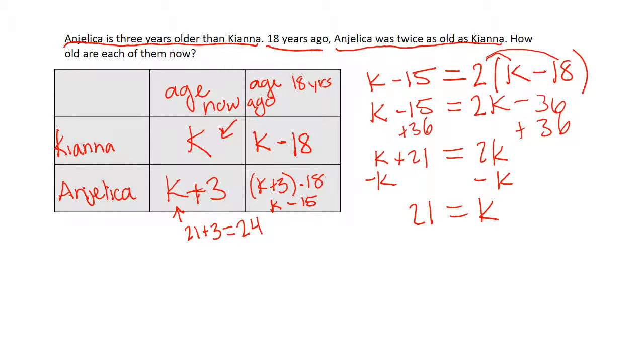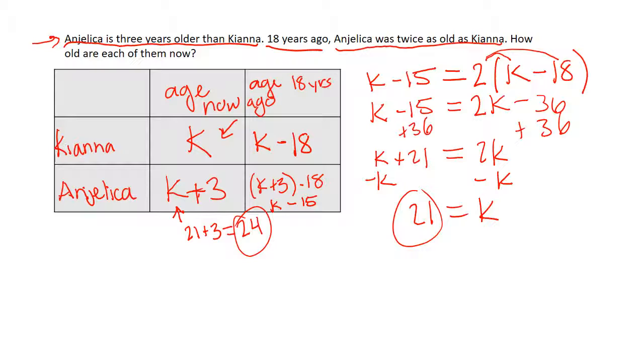Now let's make sure that our two solutions, 21 and 24, make sense. So if we look at our original question up at the top here, Angelica is 3 years older than Kiana. 24 is 3 more than 21, so that makes sense. Then 18 years ago, Angelica was twice as old as Kiana.